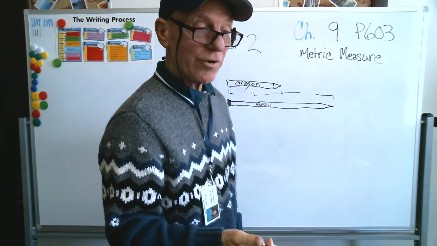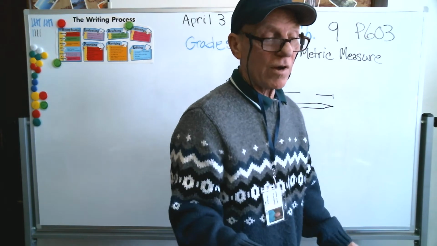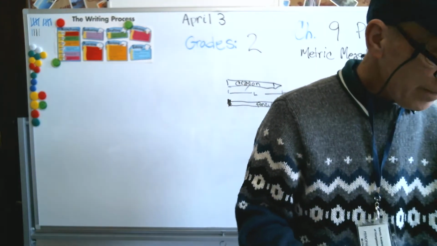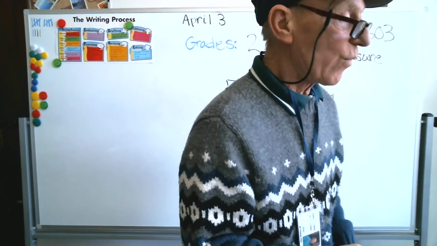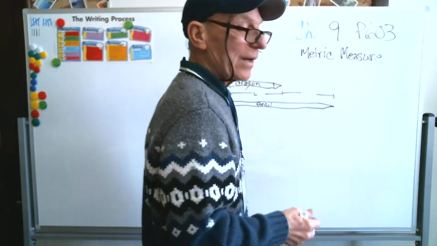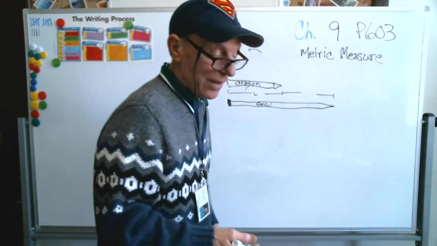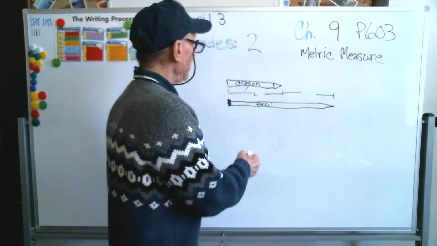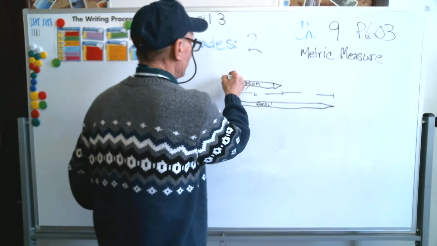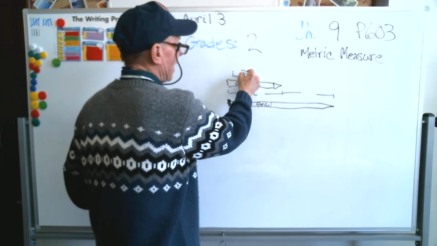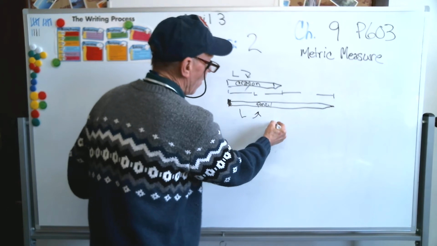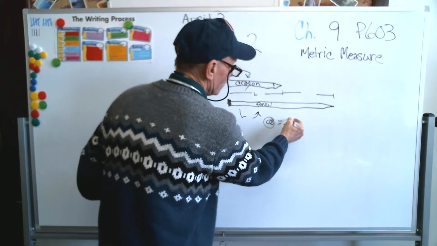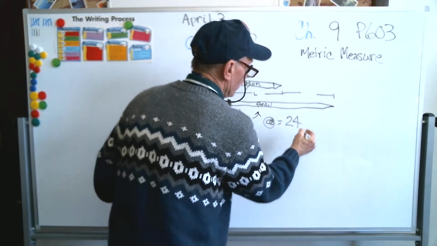Are you following me so far? The pencil is twice as long as the crayon. The sum of their lengths is 24 centimeters. Now, what does that mean? The sum of their lengths. It means that the length of the crayon and the length of the pencil all together equals 24 centimeters.